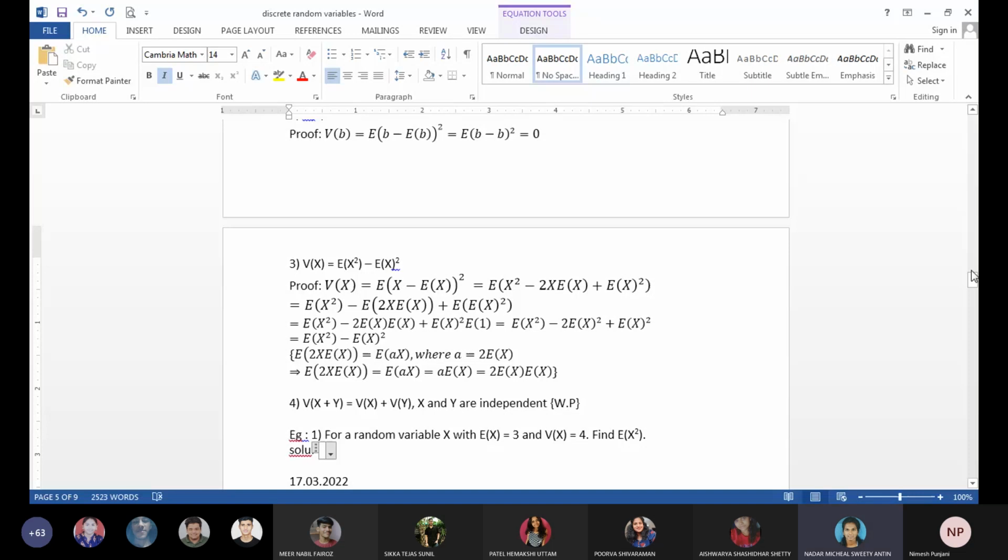So we can use the third formula. Which formula will you use for variance? Third property. Variance of x is expected value of x square minus the square of expected value of x. Variance is given as 4. Expected value of x square is what we have to find out, and expected value of x is given as 3, so it becomes 3 squared.